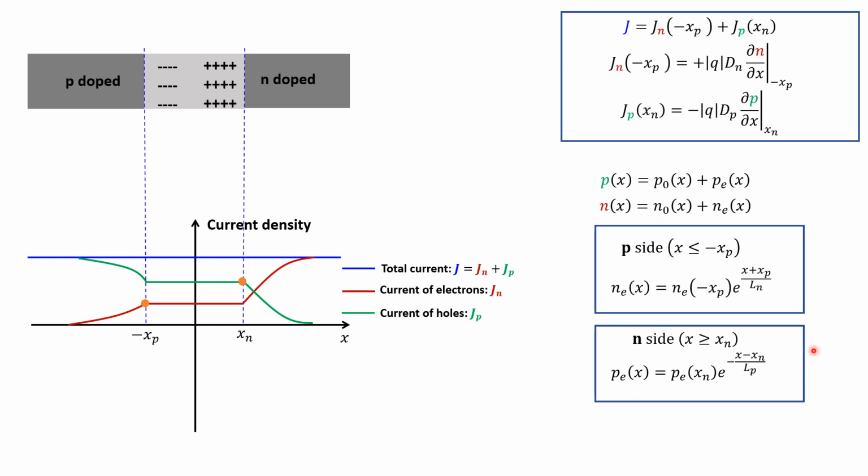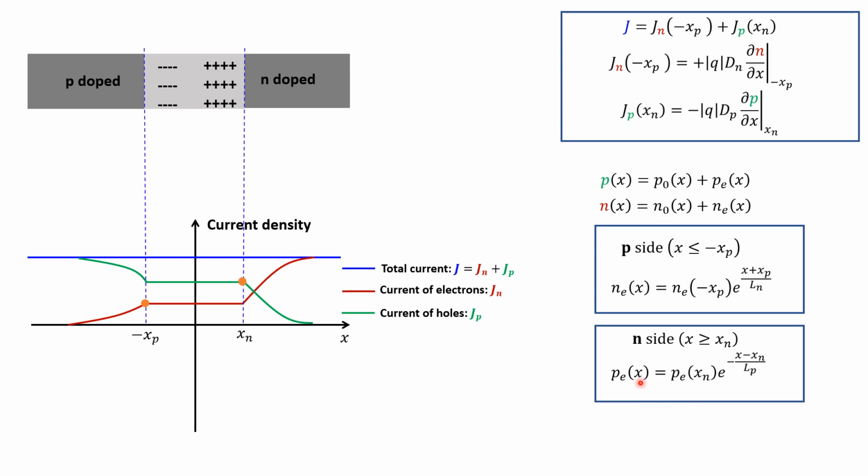So we now have an expression for the concentration of excess holes in the n-doped region. It decays exponentially, governed by the diffusion length, as we learned in lecture 17. And I've set the origin to lie at this point. This is why we have this term here, because we want the origin of the exponential decay to be here.